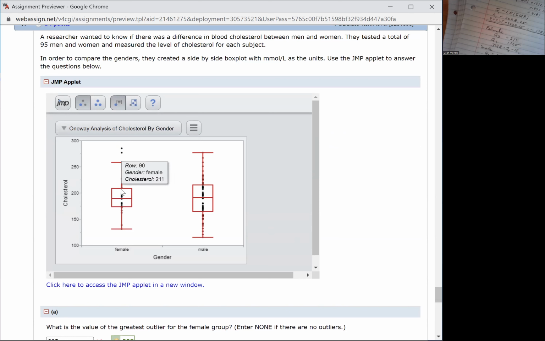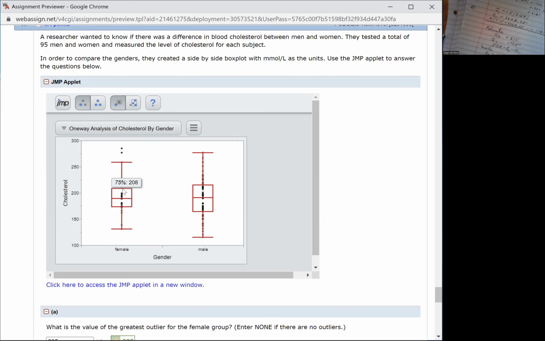Here is Q3 right here. So that's 211. I'll write that down. Then I'll get the Q1, which is this one right here, which is, I believe, 175. Q3, there it is. I'm sorry, it's 208.